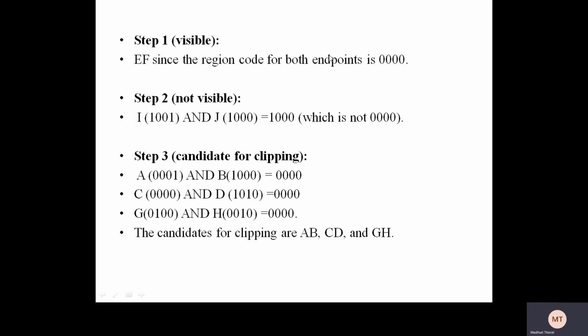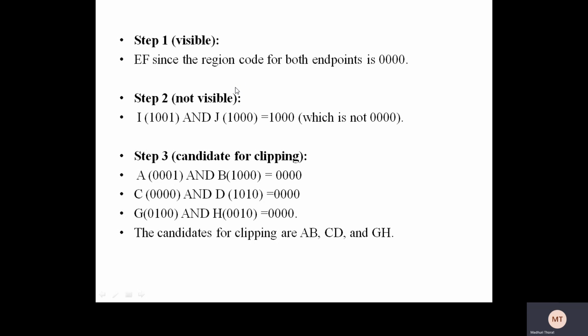Since the region code of both endpoints is 4 times 0, that means it is a fully visible line. The next step: suppose some endpoints do not have the value 4 times 0, then that means it is not fully visible.